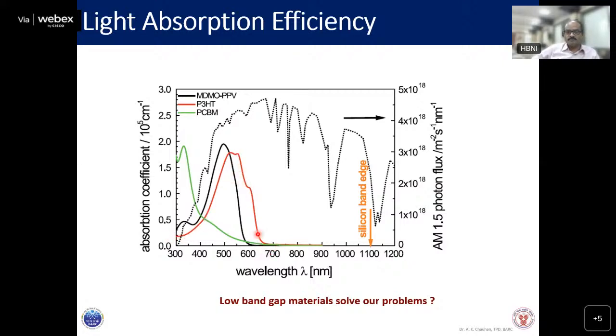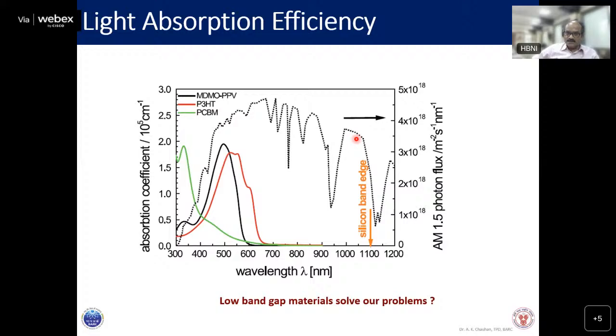So this is the absorption spectrum for a material like P3HT, which is a polymer used most commonly in polymer solar cells. Then you have PCBM, which is an acceptor. This one is the absorption spectrum of the PCBM, and this is the spectrum for the other materials.